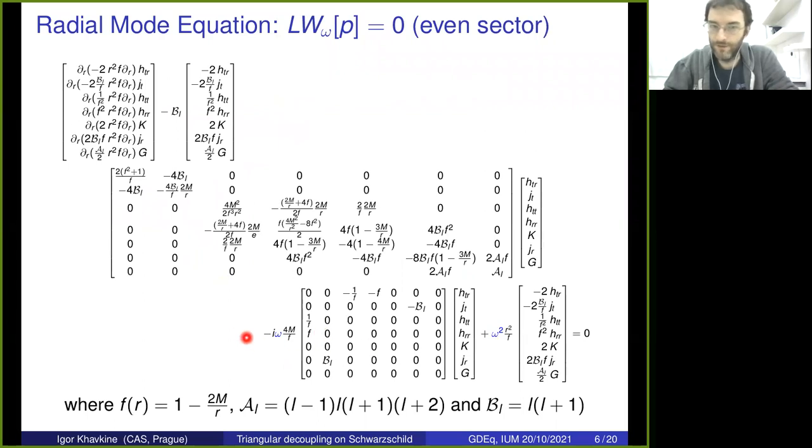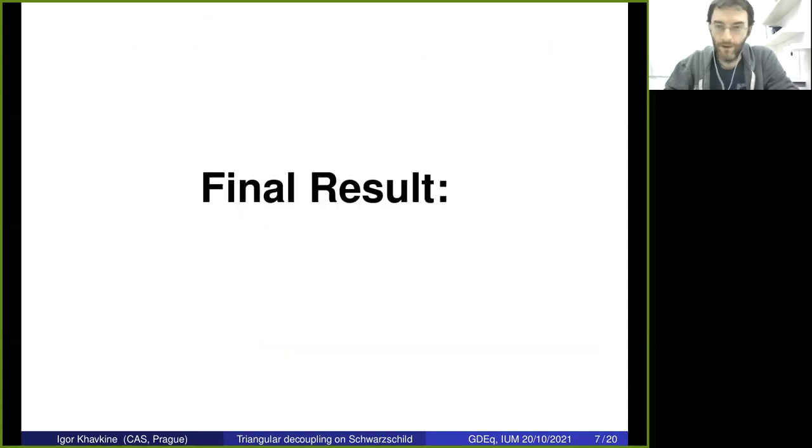And in its full beauty, the 7 by 7 even subsystem of the Lichnerowicz wave equation again does not look anything like an upper triangular form. However, what I will do is show you the final result of my work, and then we'll go through some details of it.